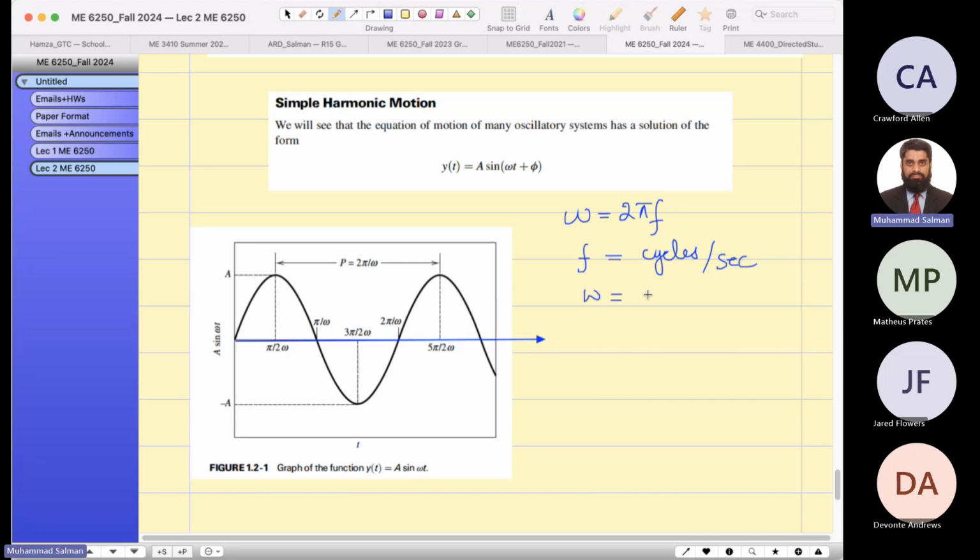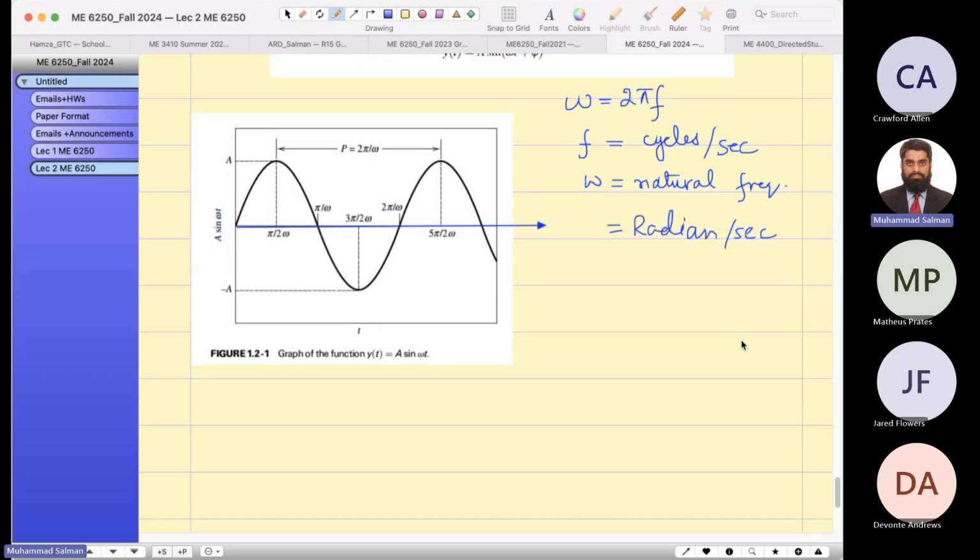Omega is the natural frequency, or another term is radian frequency, like how many radians it is moving per second, radians per second. And the time period, in our book, is the letter P. So the time period is 1 over f.